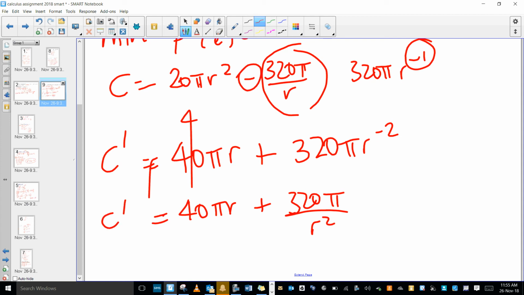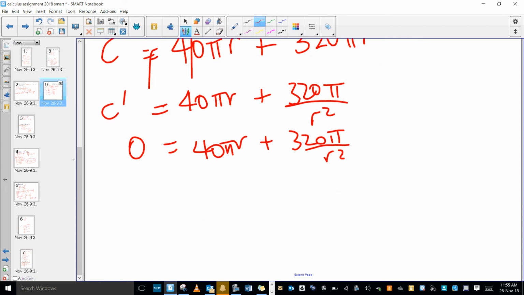Derivative. We know that maximums or minimums occur when that is equal to 0. Okay, so we've got negative 40 pi r equals 320 pi over r squared. We need to find r, so we need to get rid of this denominator.